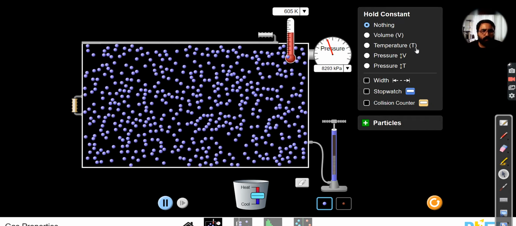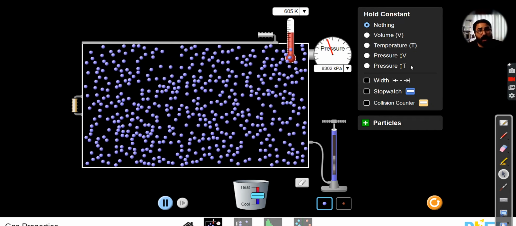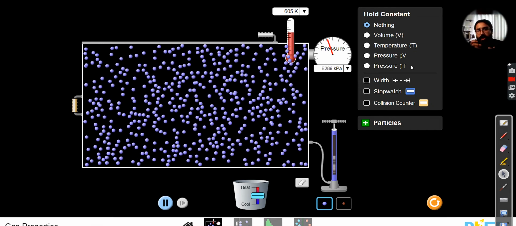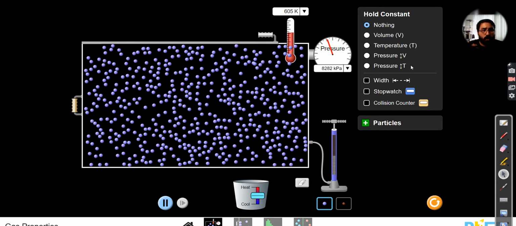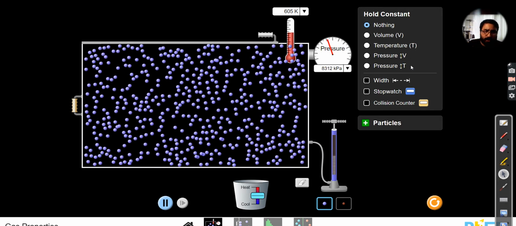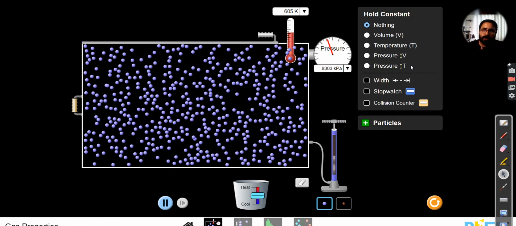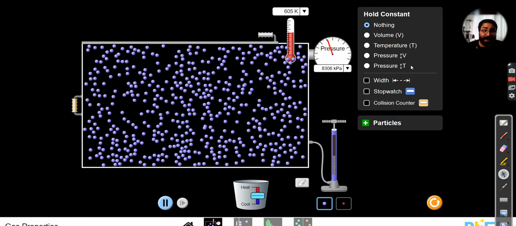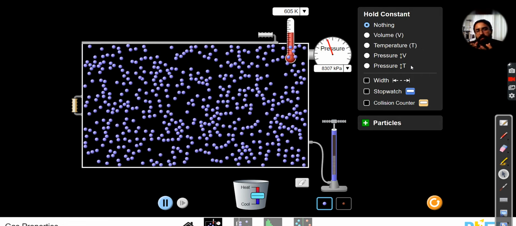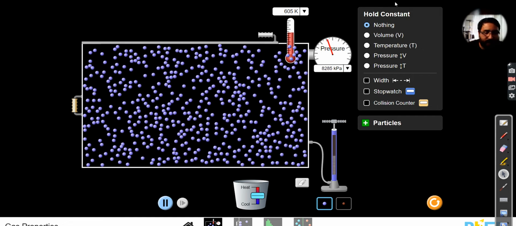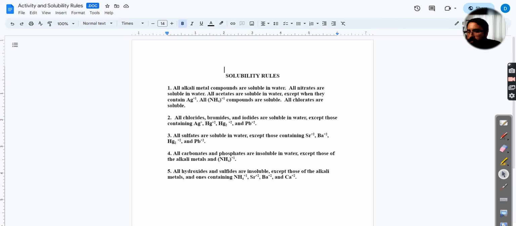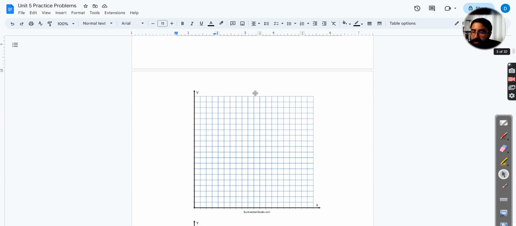We look at the pressure, the volume, the temperature, and then the number of particles. They all kind of have their own effect, and they affect each other. So although there are multiple gas laws, they can all be combined into one. And we'll talk about that a little bit later. I think this is enough for this section.